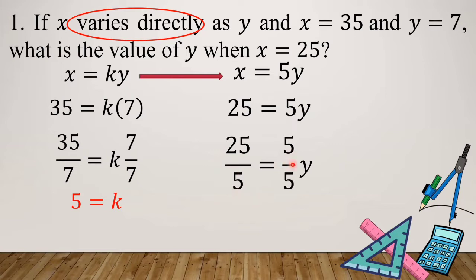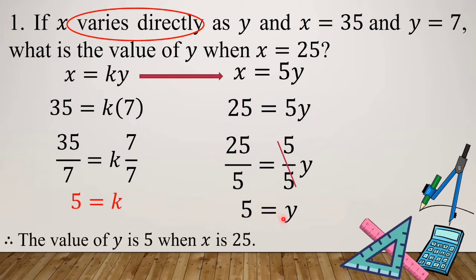Then 5 divided by 5 is equal to 1, so we don't need to write it. So the value of y is equal to 5. Therefore, the value of y is 5 when x is 25.